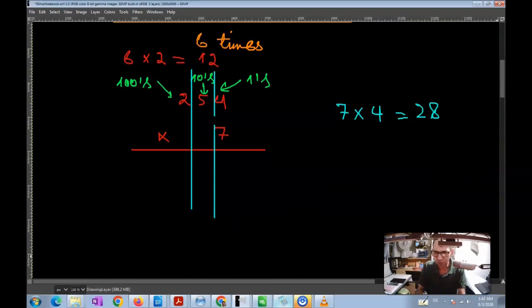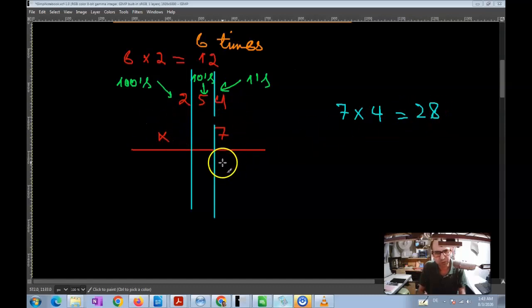So now things become very simple. How do I do this calculation? First I multiply the 7 by the 4 part. 7 times 4 is equal to 28, right? But now the problem is that the number we get over here has the 1's place value, the 10's place value, and the 100's place value.